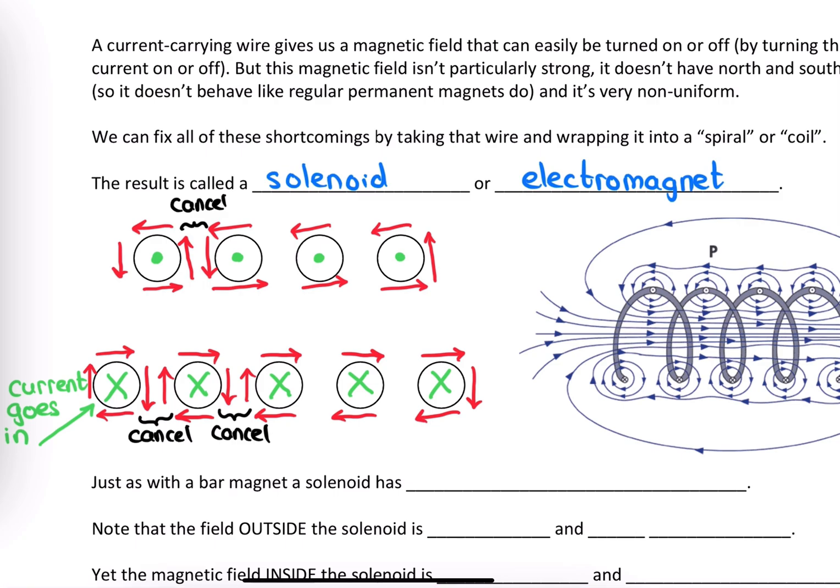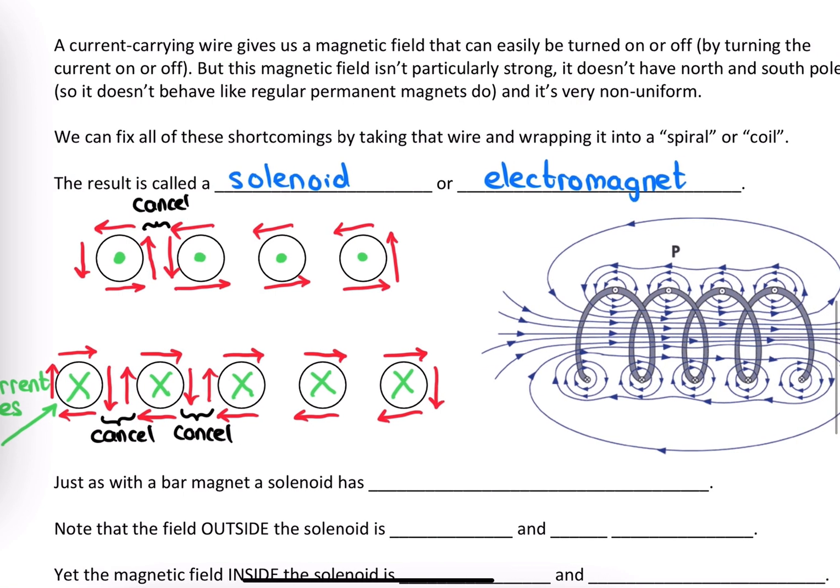So in the middle of this solenoid, all of these little magnetic field contributions add together to give me a very strong magnetic field that is very definitely going to the right. And that's kind of what we see over here in this finished diagram.